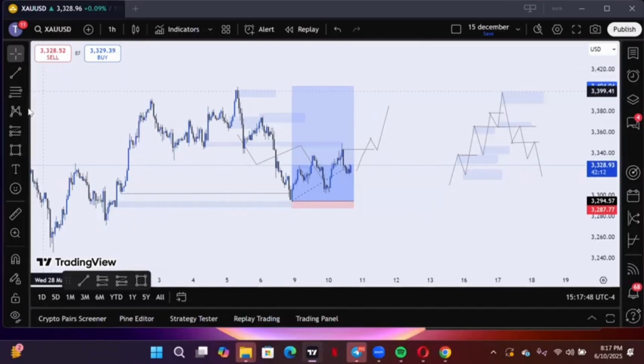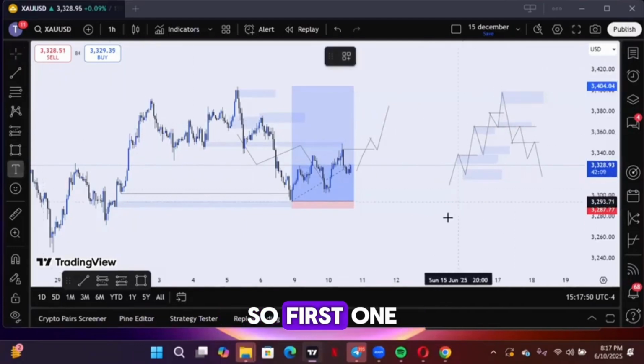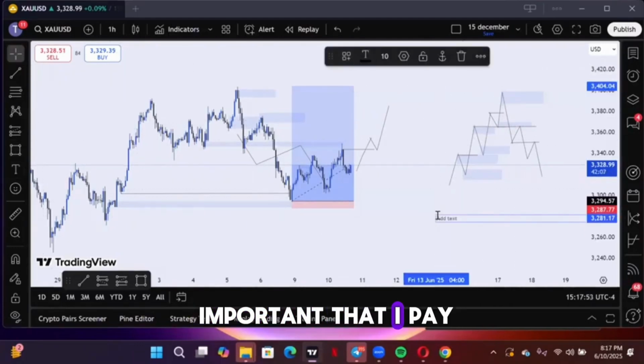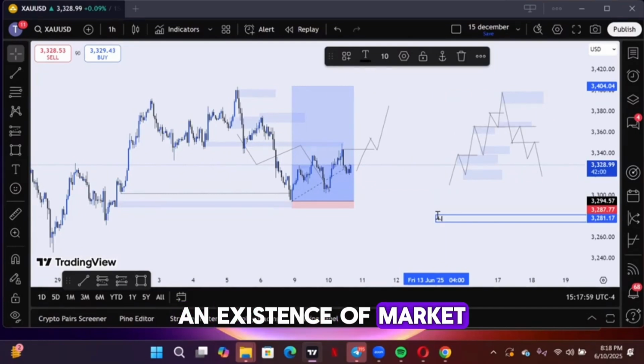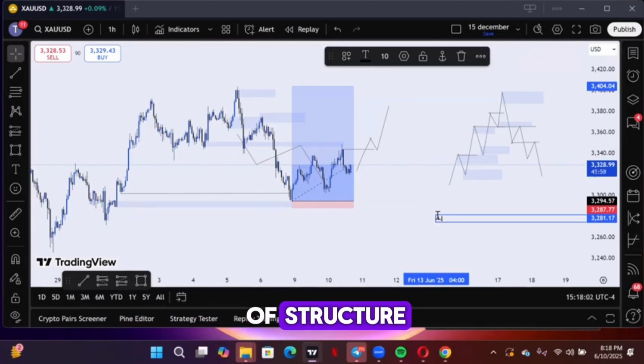The 4 rules are as follows. The first one, one of the most important that I pay attention to, the first rule in picking a proper point of interest is what? There must be an existence of a market structure shift or a double break of structure.